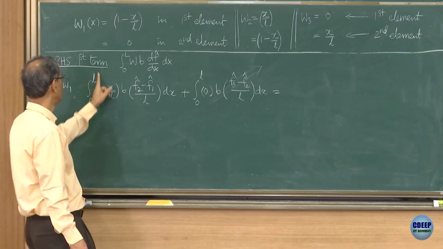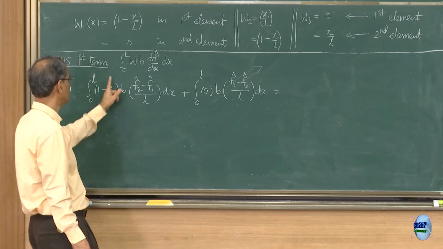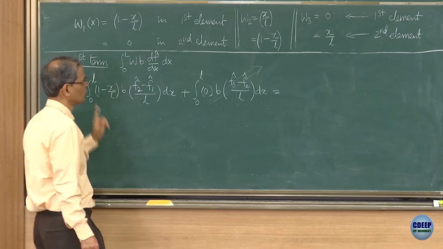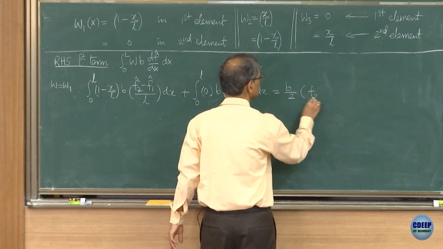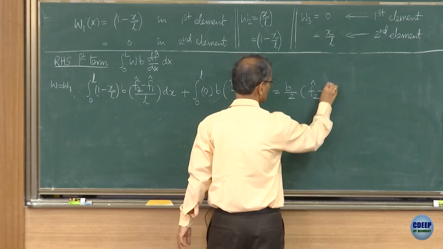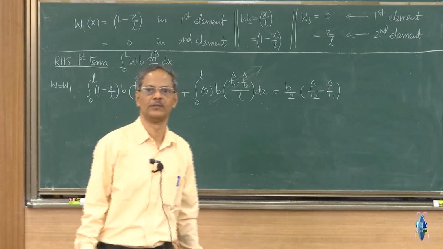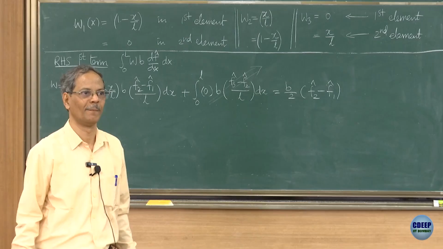So 0 to L, this is L minus L squared by 2L, or L minus L by 2, which is L by 2. L cancels off, so B by 2. Please see if this is what we are getting.